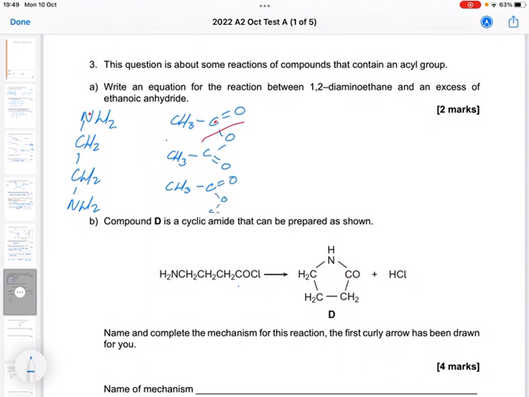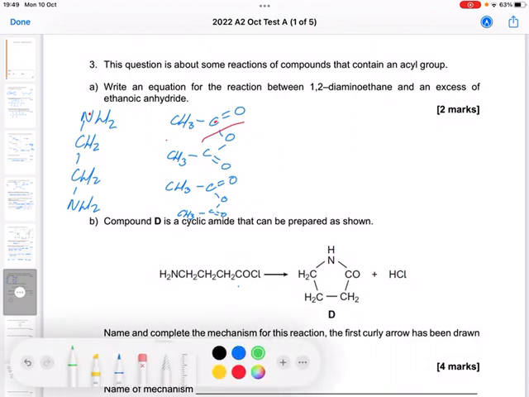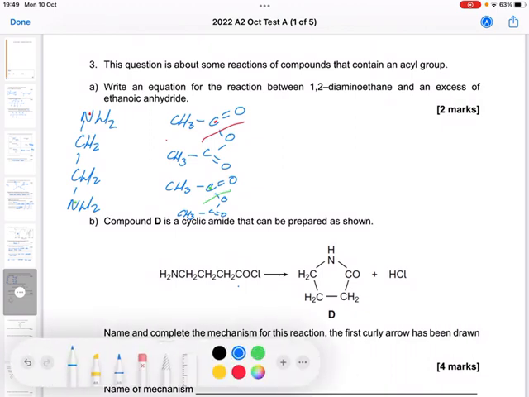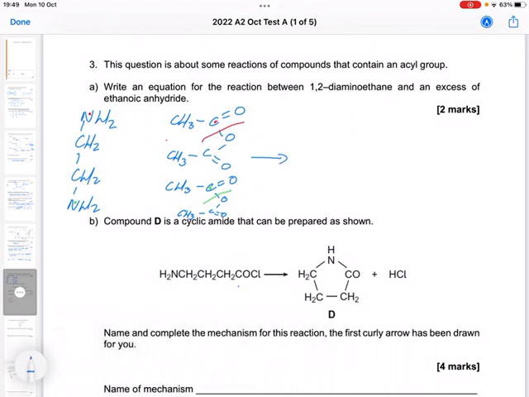COO, CO, CH3. So if I use a different colour here, that will cut along there, and this one will join to that one over here, which means my product will be this.